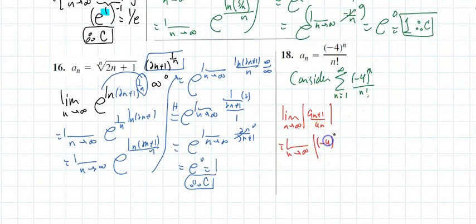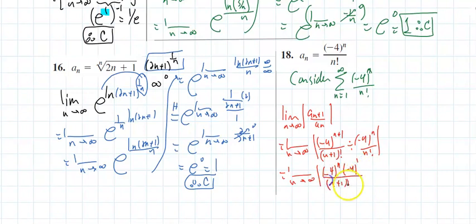Isn't that negative 4 to the n plus 1 over n plus 1 factorial divided by negative 4 to the n over n factorial? And as we did in class over and over, this is going to be negative 4 to the n times negative 4 to the 1, over n plus 1 times n factorial, times n factorial divided by negative 4 to the n.